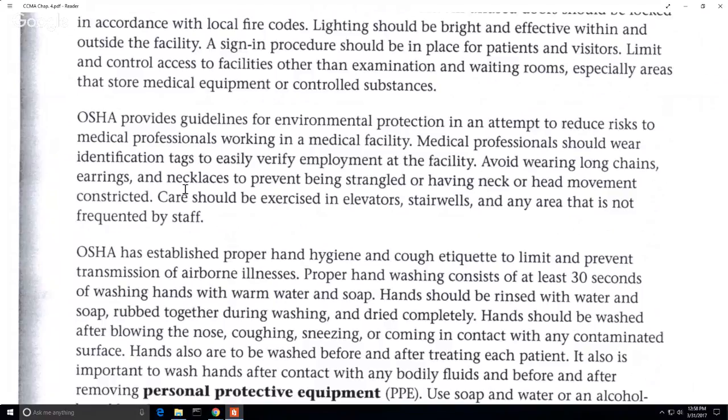Now, OSHA has established proper hand hygiene and cough etiquette to limit and prevent transmission of airborne illness. Proper hand washing consists of at least 30 seconds of washing hands with warm water and soap.